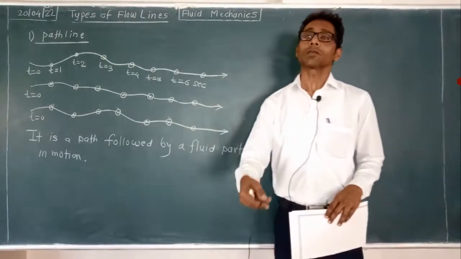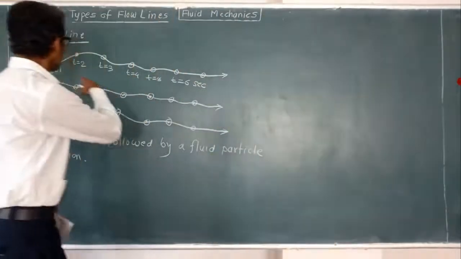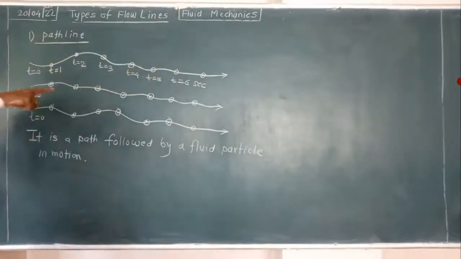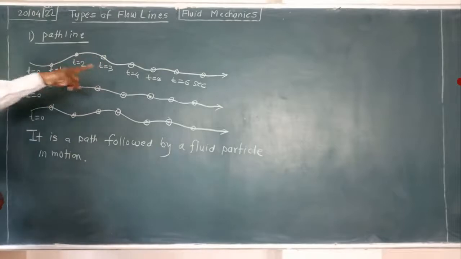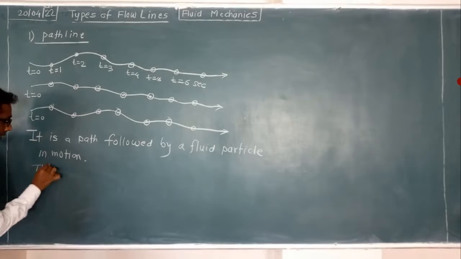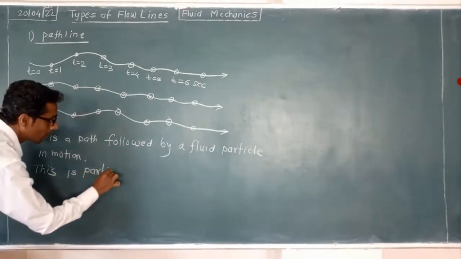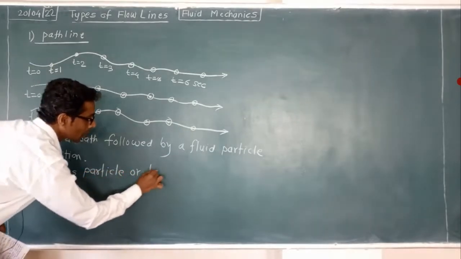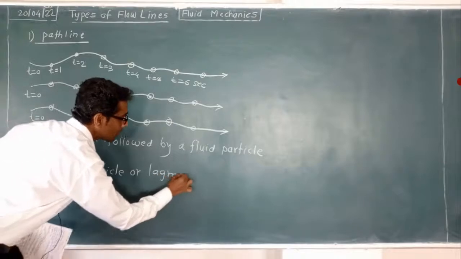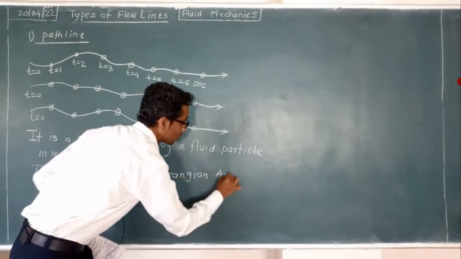The Lagrangian approach is based on the particle approach, because here the flow is represented on the basis of particle motion, the location of the particle. That is why this is the particle or Lagrangian study or approach.